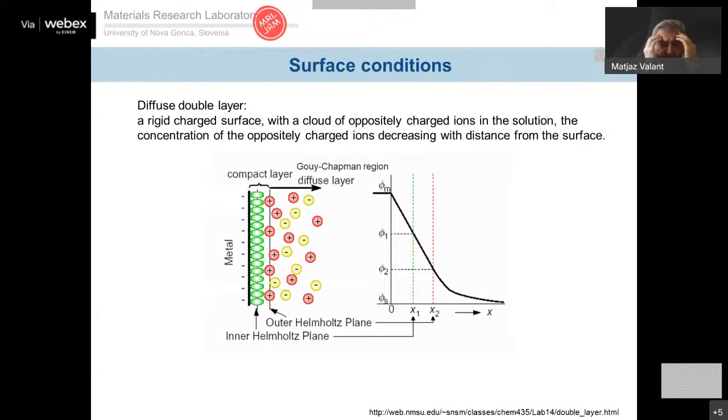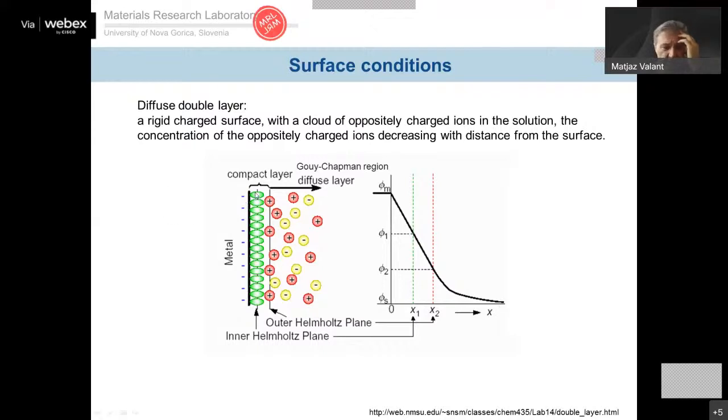But this is not really so, because the charged surfaces get covered with oppositely charged species from the surrounding. And this is presented here. You see, we have some negatively charged metal surface, and then the species start accumulating on the surface to, after some time, completely neutralize the charge.